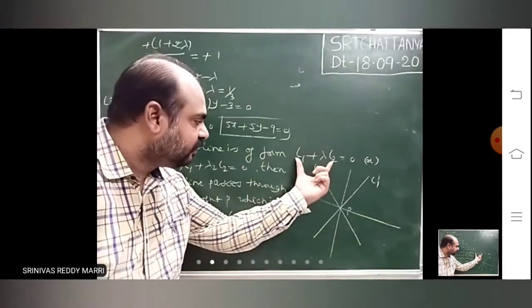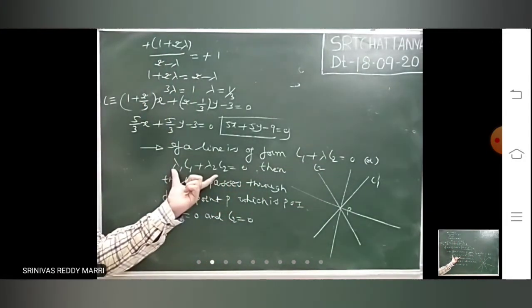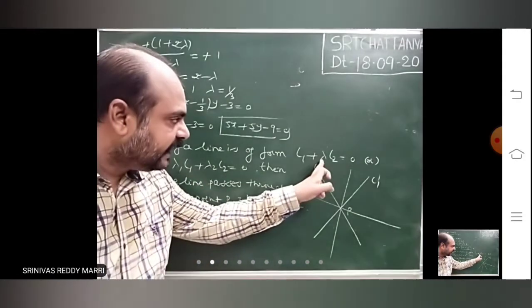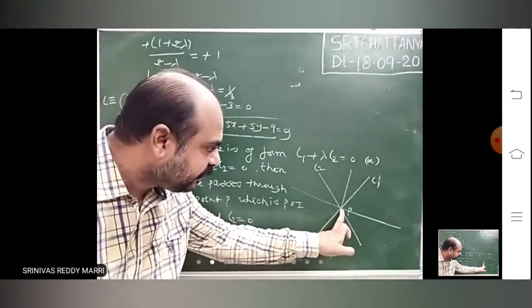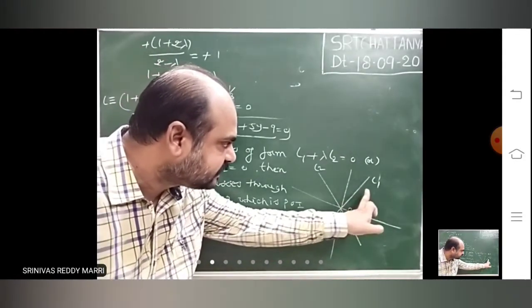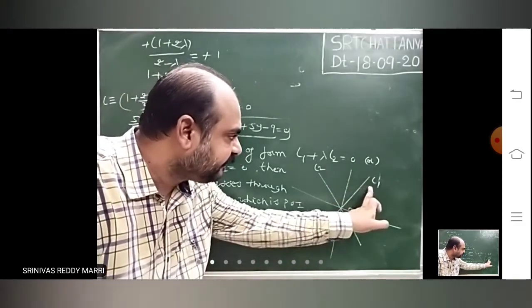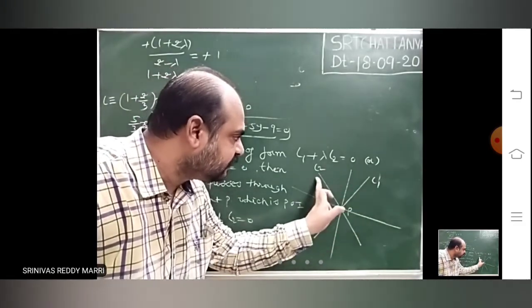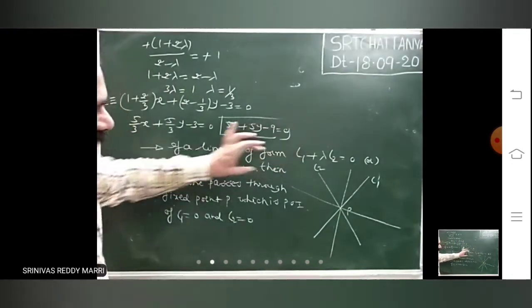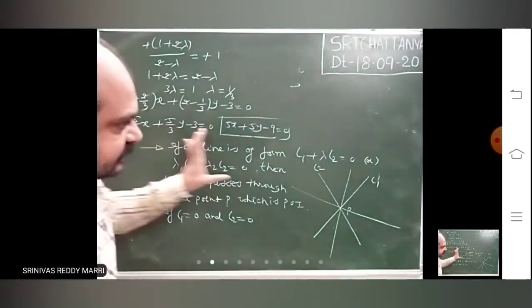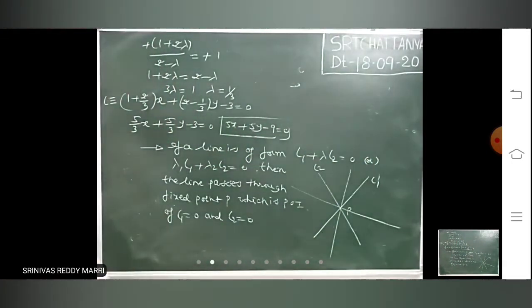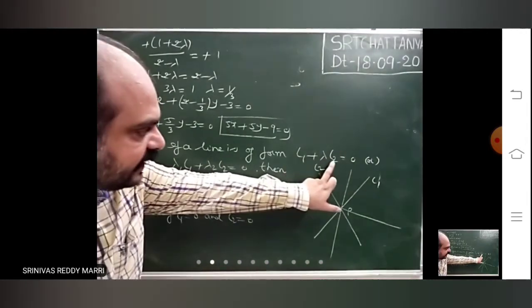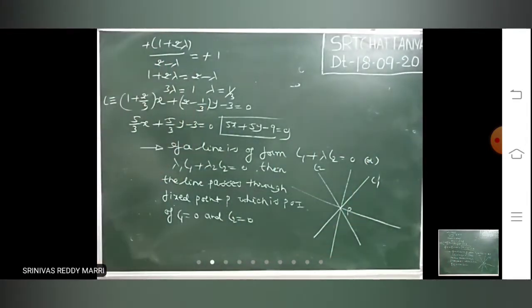So if a line is in this form, then the line passes through a fixed point. What is that point? It is nothing but the point of intersection of L1 equal to 0 and L2 equal to 0. Take L1, take L2, solve those two and get the point of intersection.